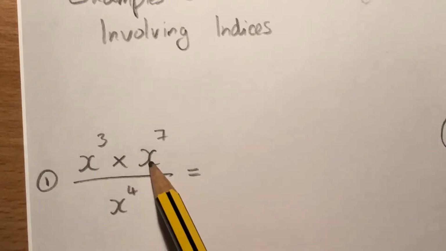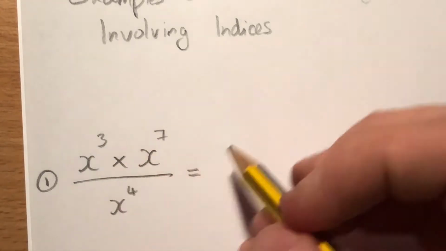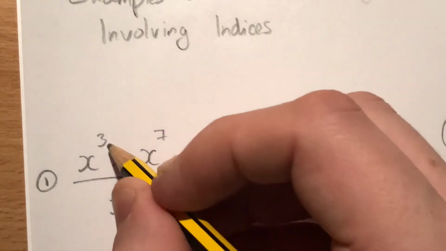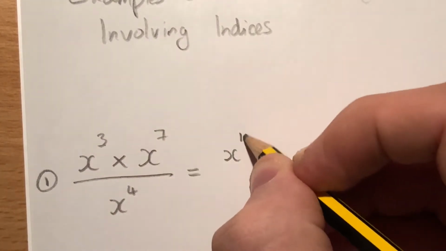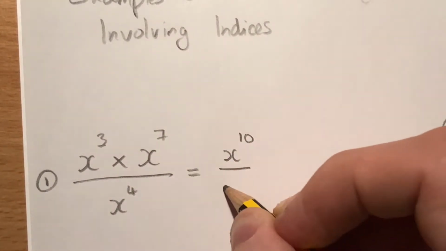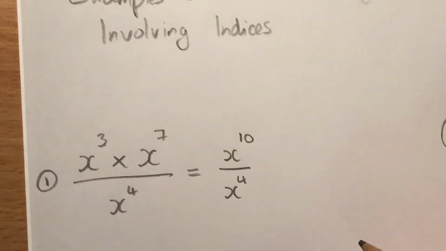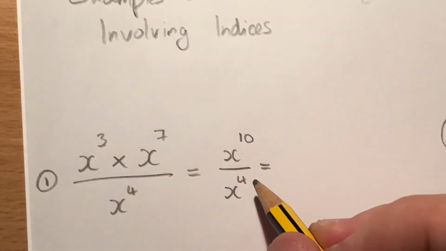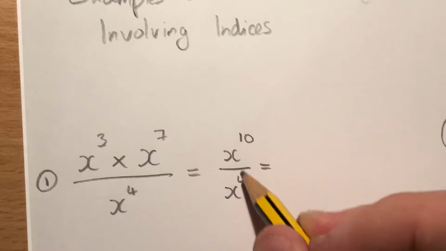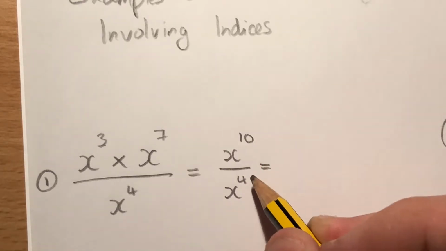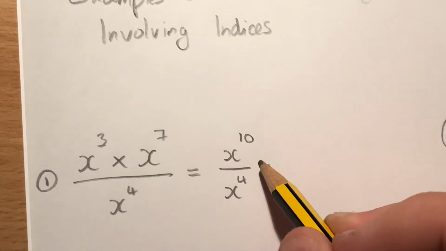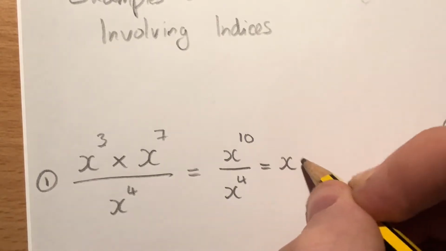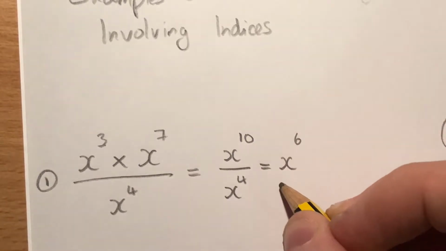If I times two bases together, I add the powers, so the base stays the same, and 3 plus 7 gives us 10. The bottom has not yet changed, so x to the power of 4 stays the same. Now using rule 2 of indices, if I've got the same bases, I just subtract the powers. So 10 minus 4 leaves us with x to the power of 6.